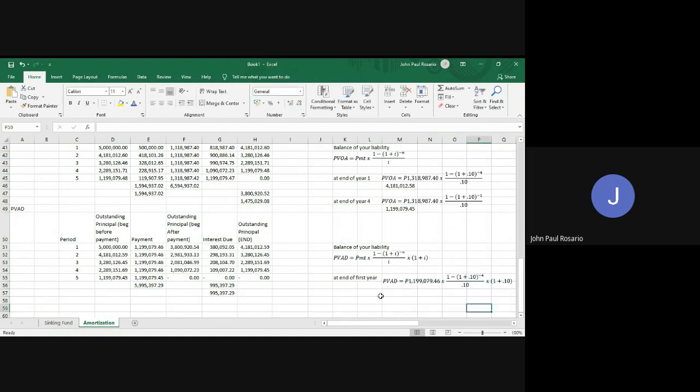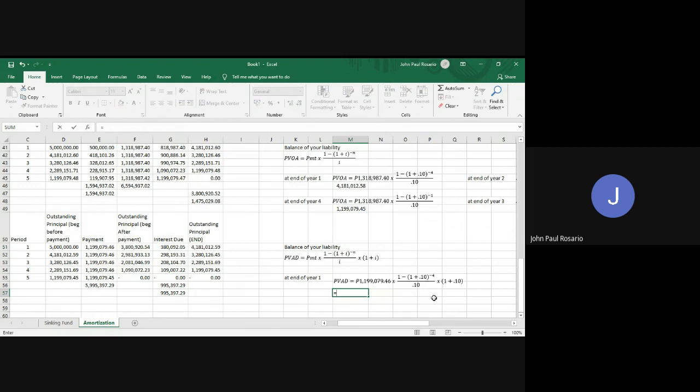Okay. So with that, at the end of year one, our value is 1,199,079.46, and we multiply that by our table factor. So that's one less the table factor, raised to the power of -4.